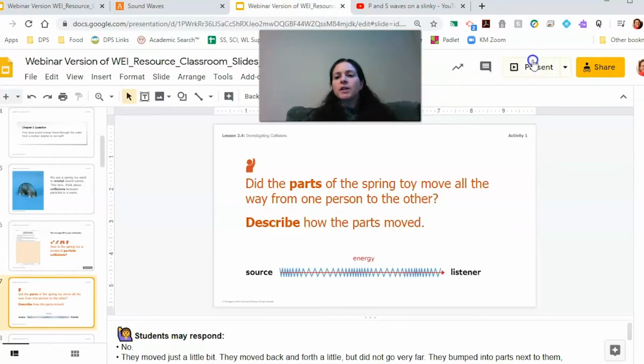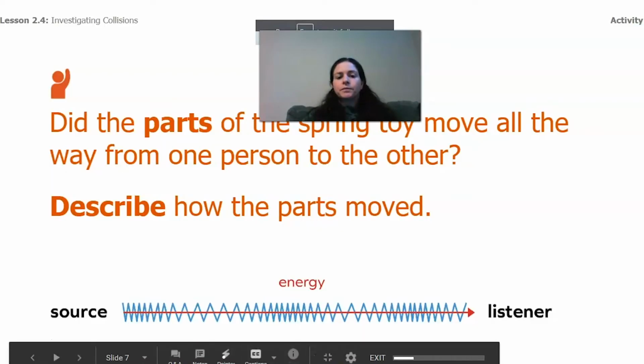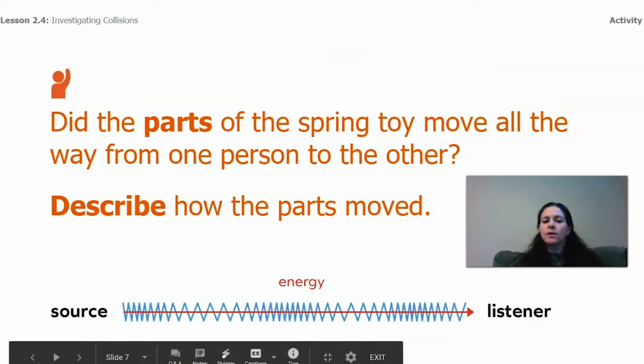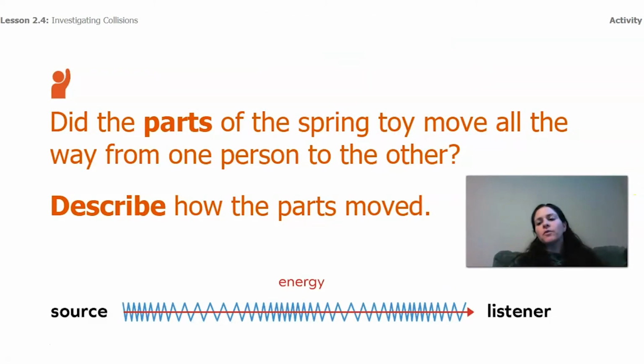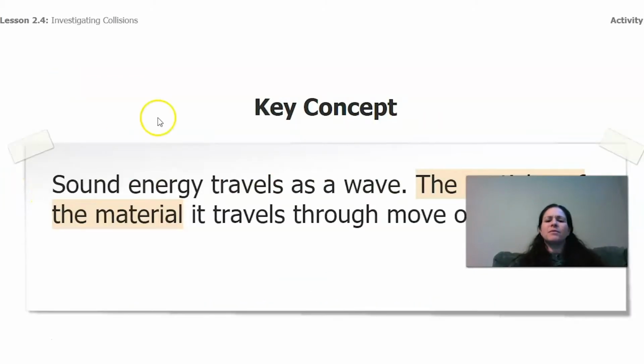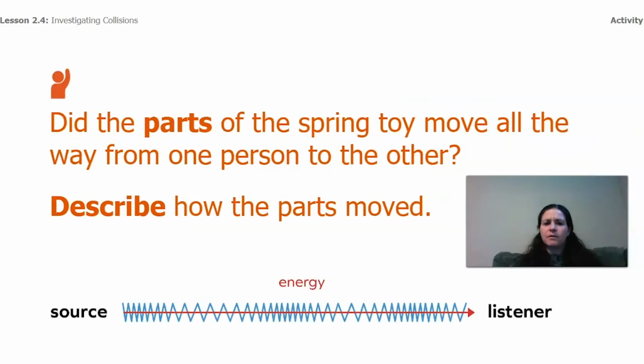So then my question is, did the parts of the spring toy move all the way from one person to another? And how did those parts move? Well, thinking back, the parts didn't move. It's not like the spring toy jumped from one person's hand to another.